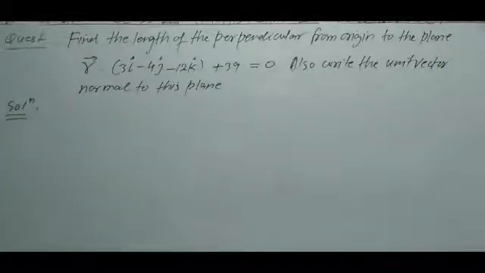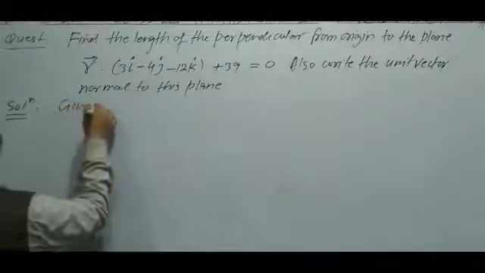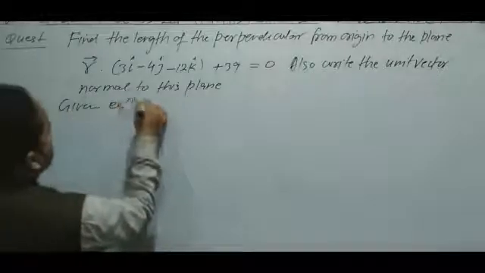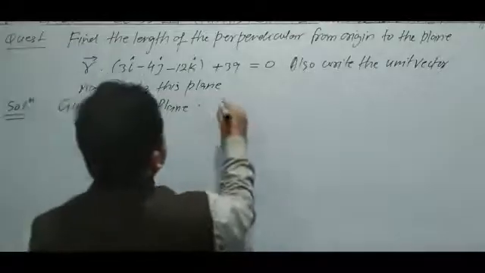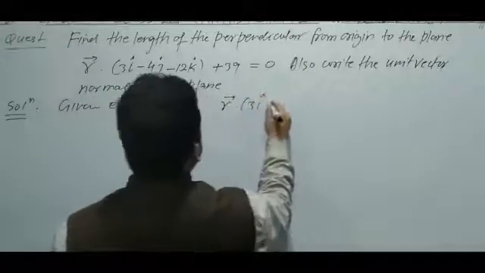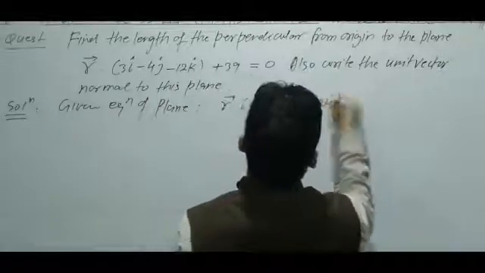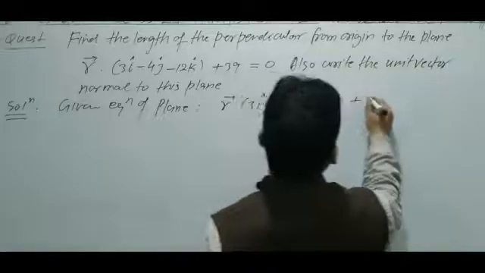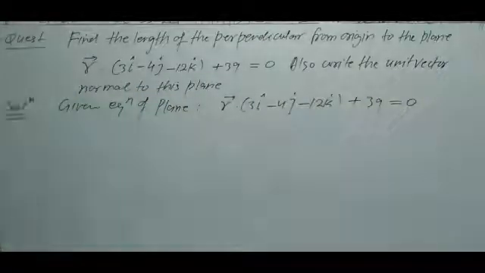What will be the solution? Given equation of plane, that is r dot 3i minus 4j minus 12k plus 39 is equal to 0. This is the given equation of plane.